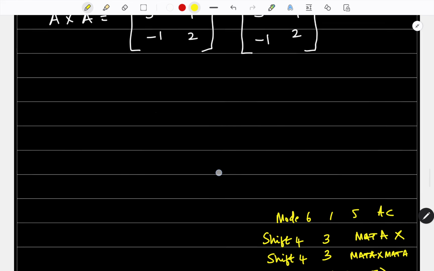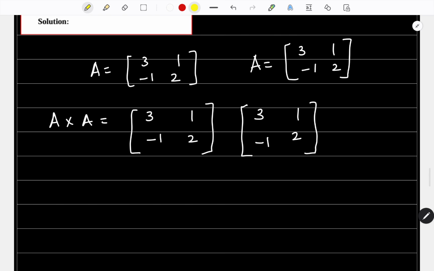Okay. Right. How are we going to get it here? Listen. So how does matrix multiplication work? First row, first column. Second row, first row, first column. First row, second column. This finished. Second row, first column.